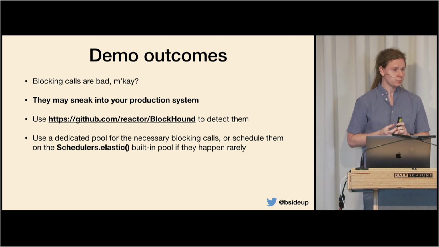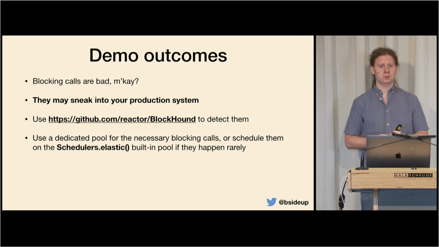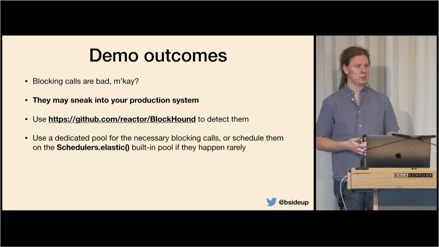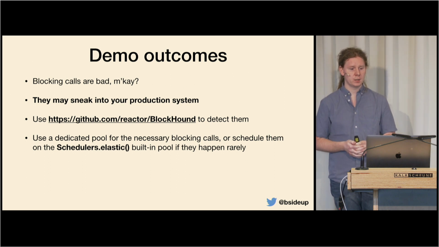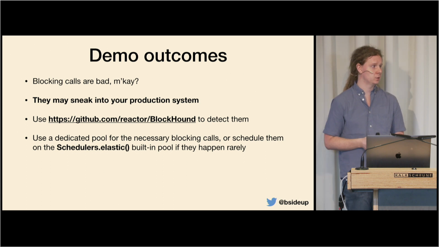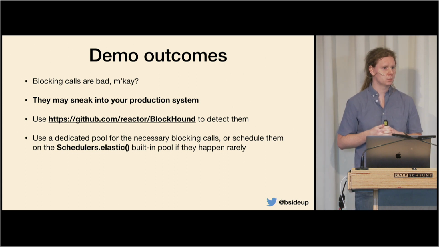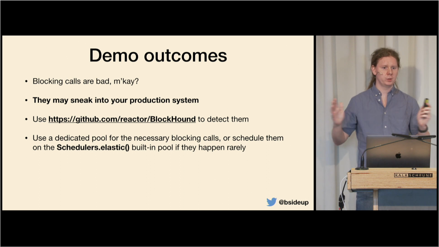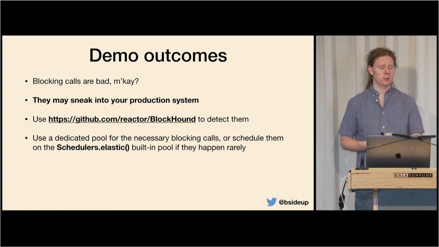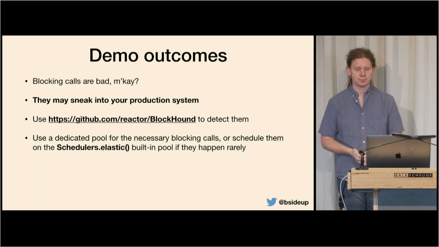And when you must perform some blocking calls due to database not providing a synchronous API or something else, consider using Elastic Scheduler, because it's not limited to the number of threads, and it will grow indefinitely. But it also means that it will eventually release the threads.